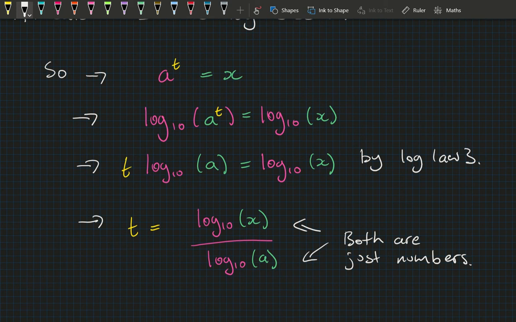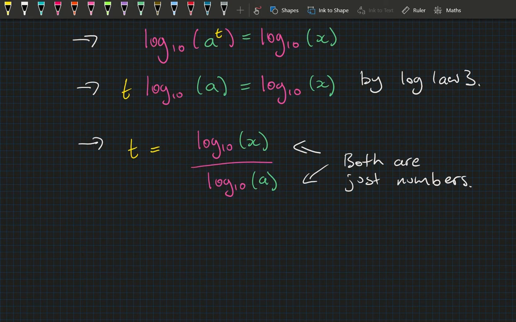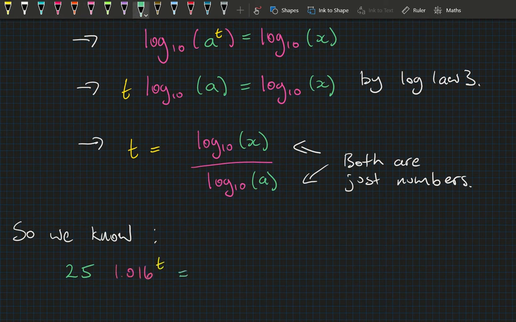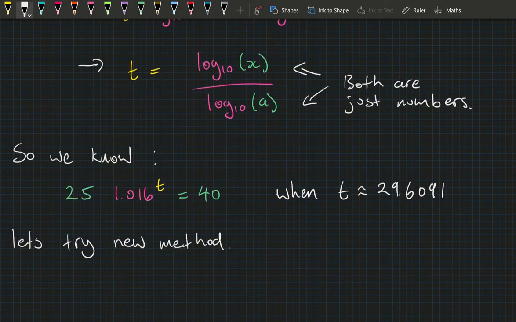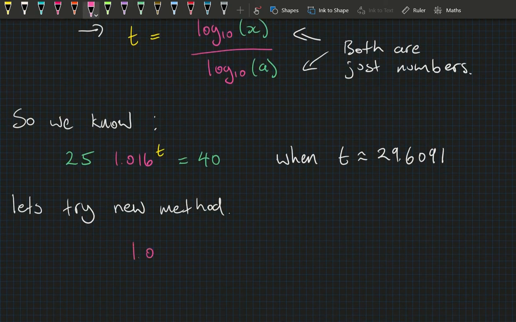So going back to what we were doing before, we've already shown that 25 times 1.016 to the t equals 40 when t is equal to 29.60961. But let's try our new method, and let's start at the next step, which is 1.016 to the t equals 1.6. And we found that just by dividing both sides by 25, right?